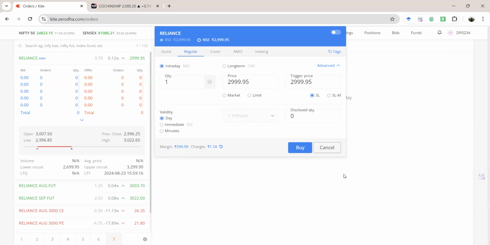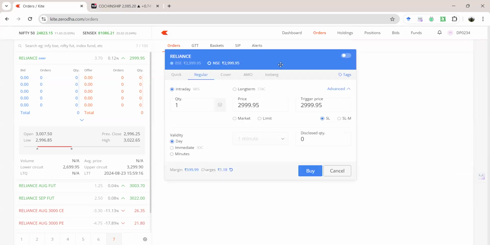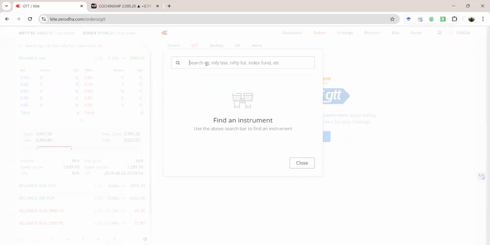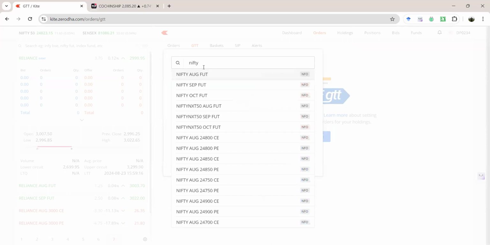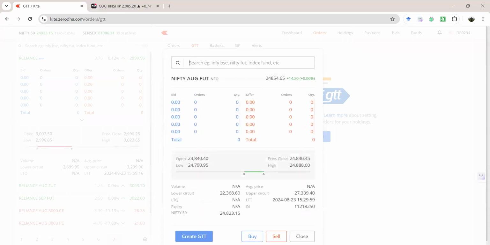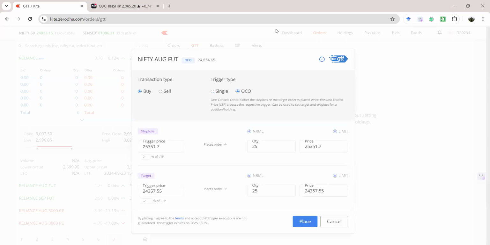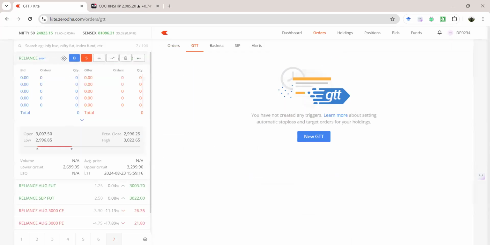Stop loss and target decided before taking this order? It was for GTT, I think. Yeah, GTT, but before buying, means at the time of placing order, if I'm buying at 3,000 and I want to keep my stop loss at 2,500 and target. Not future, regular. No, regular order, not future order. Here, regular order.